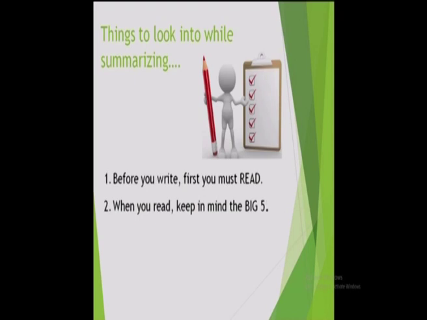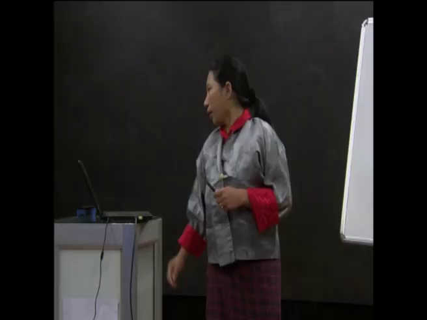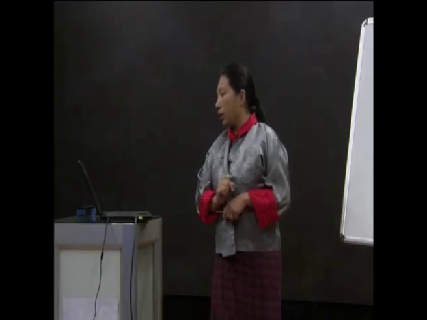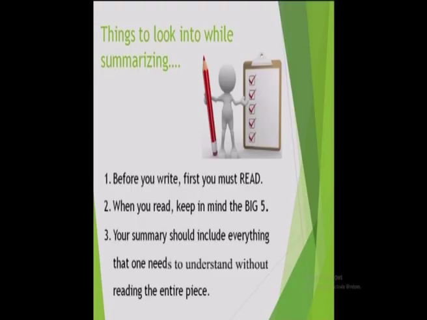Next thing, when you read, keep in mind the big fives. I'll let you know what those big fives are, but for now, when you read, keep in mind the big fives. And finally, your summary should include everything that one needs to understand without reading the entire piece.